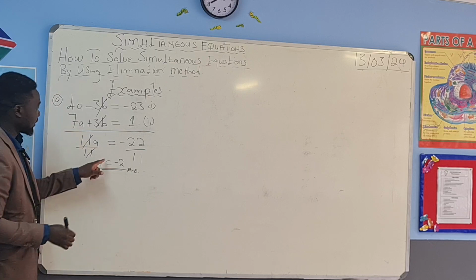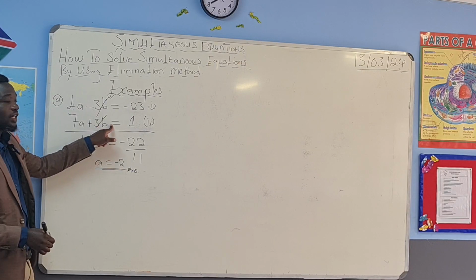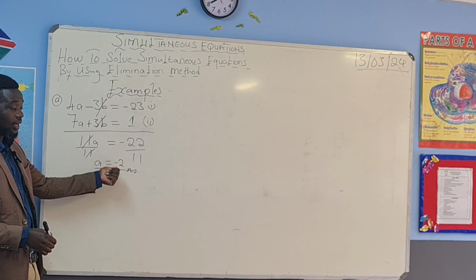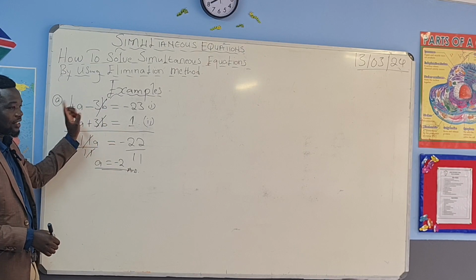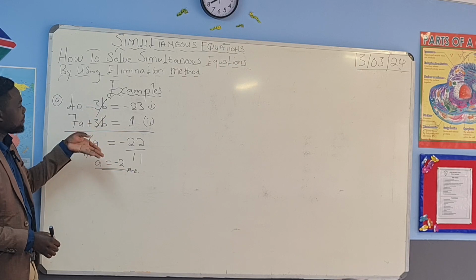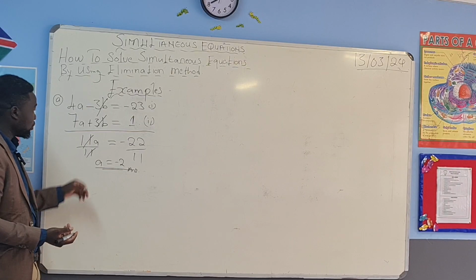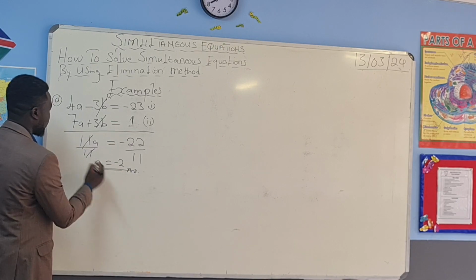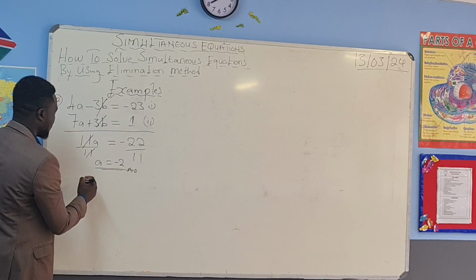Remember we have a and b. We have just managed to find the solution of a. Then we can now find the solution of b. You can pick any equation that is very easy for you. You are going to pick equation 2.